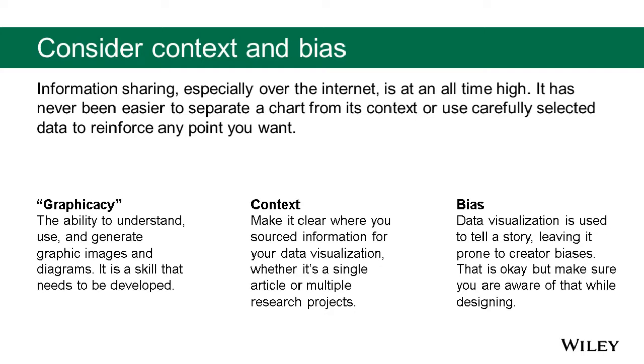So this can include simple things like axes shouldn't be truncated to zoom in on minute differences between data points. If you're working with a 0% to 100% axis, that should be fully represented.